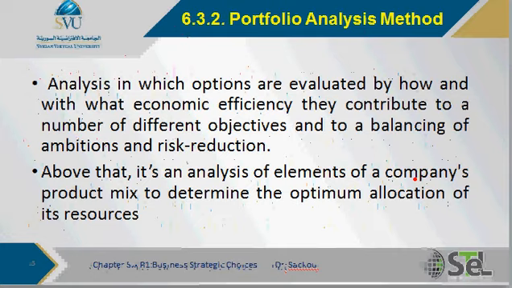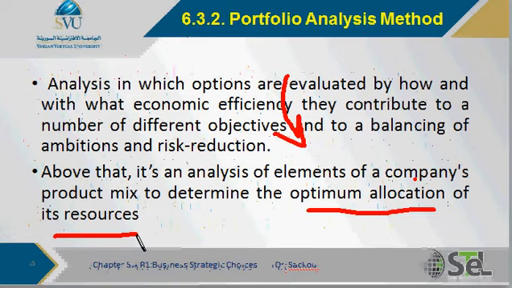Okay. It's analysis in which options are evaluated by how and with what economic efficiency they contribute to the goals. We try to get the optimum allocation of our resources.